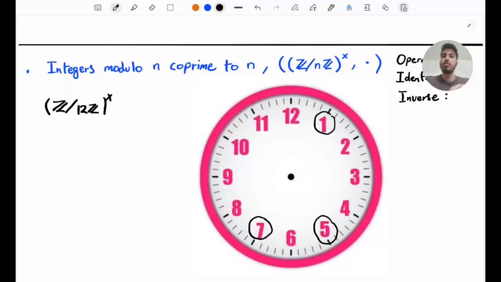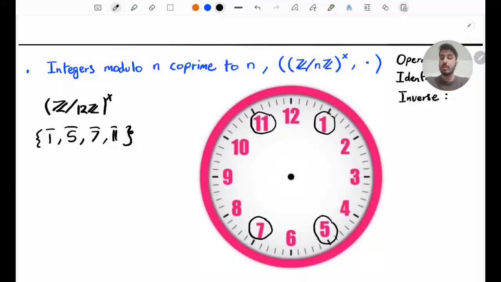They share 2. 11 is. So we end up with 4 elements in the clock system which are coprime to 12. So I will be listing them here. 1, 5, 7, and 11.